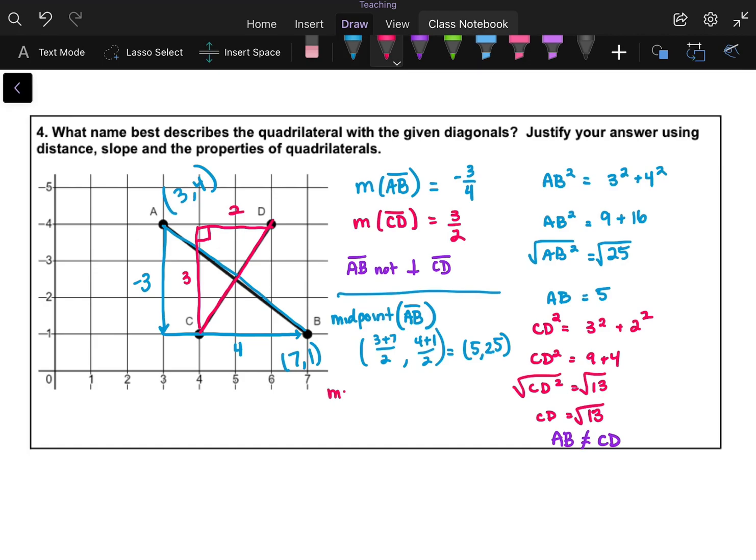The midpoint of our second diagonal is going to be, our first point here is 4, 1. Our second point is 6, 4. So adding my x's together, 4 plus 6 divided by 2, comma, our y's, 1 plus 4 divided by 2. This will give me my midpoint also at 5, 2.5. So I can see my midpoint would be right here where those two segments are meeting.